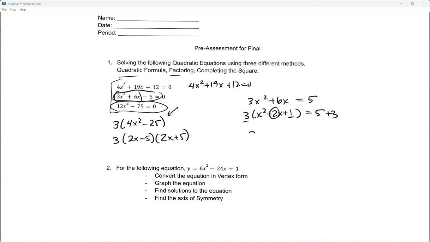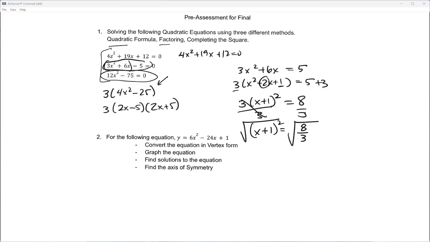And once I do that, it becomes 3 times x plus 1 to the second power equals 8. Then you divide by 3 on both sides. So x plus 1 squared is equal to 8 over 3. Square root both sides.